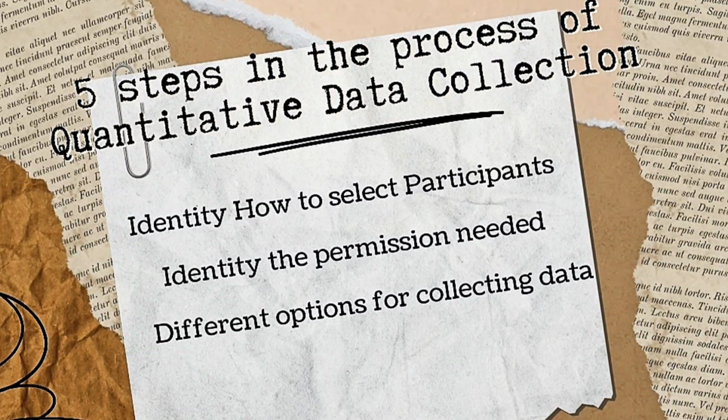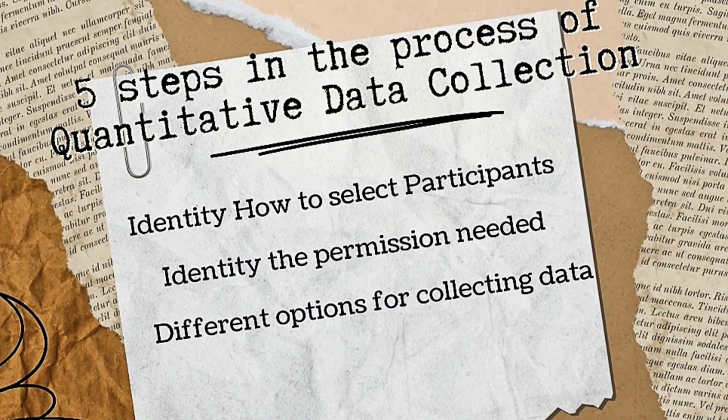The second step is identify the permissions needed for your study. This is your permission to proceed. Basically, in layman's terms, getting the okay. Before you dive in, you need permission from the people involved.